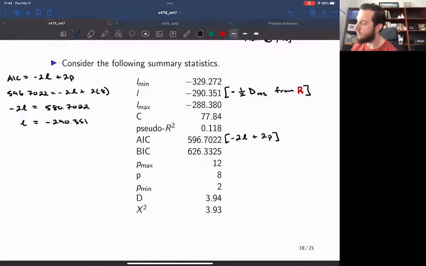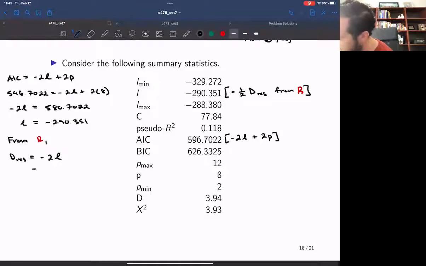So if we extract the log likelihood from the AIC like we did here, we can also show in R that the deviance residual that is produced is actually -2 times this. So from R, the deviance residual, or residual deviance as it's called in the output, is -2 times the log likelihood, which is 580.7022.